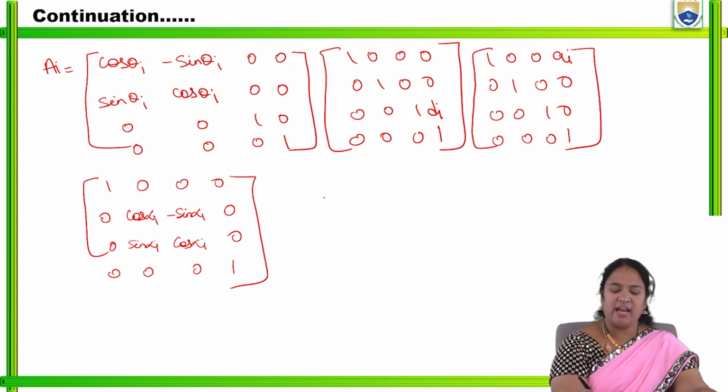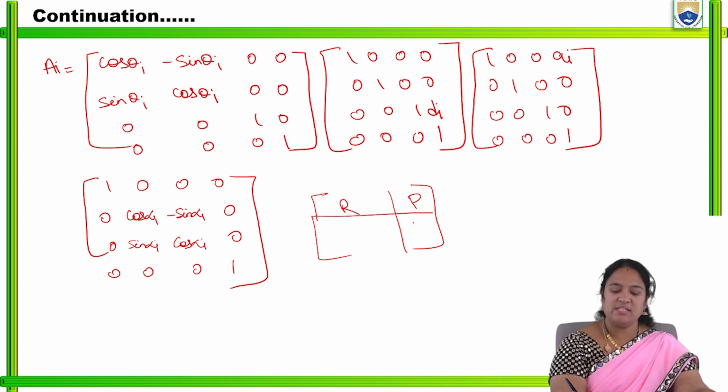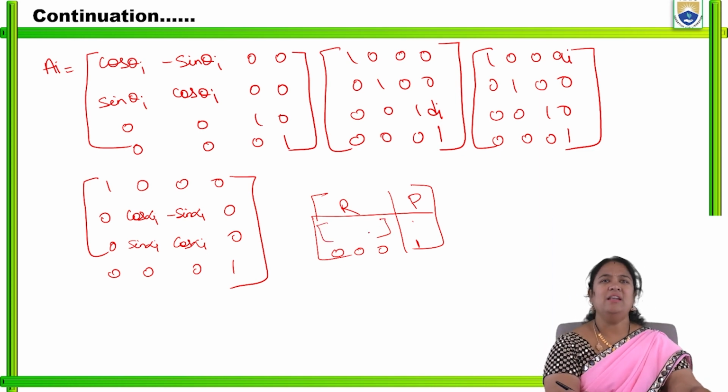That is, here we write the matrix in this particular form. We are taking the rotational matrix and we are taking a prismatic matrix. So for the rotational matrix, we will be getting these constraints and this will become 1 here, and here we will be getting 0 0 0 and 1, and the remaining will be a homogeneous transformation matrix.